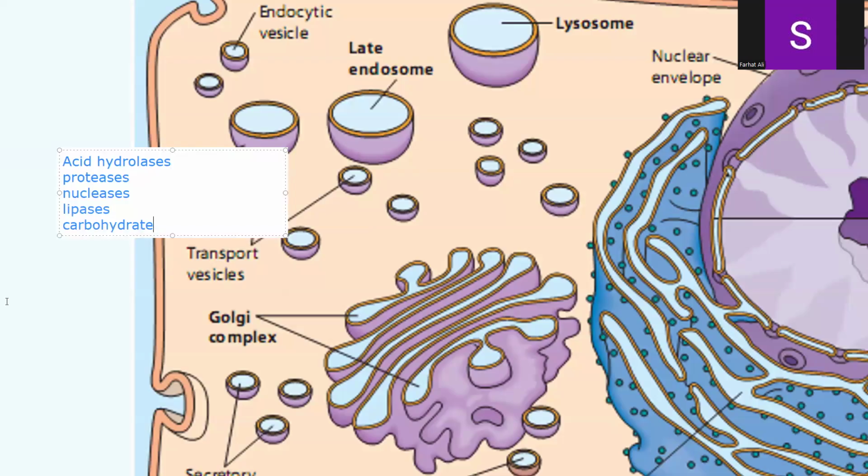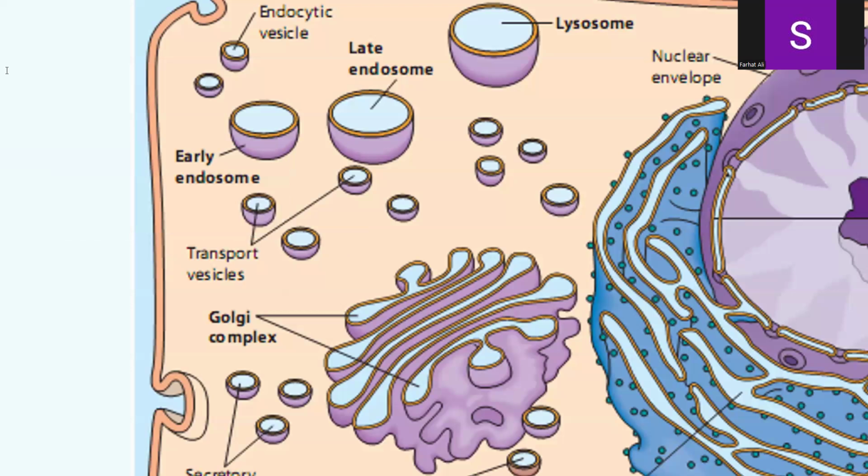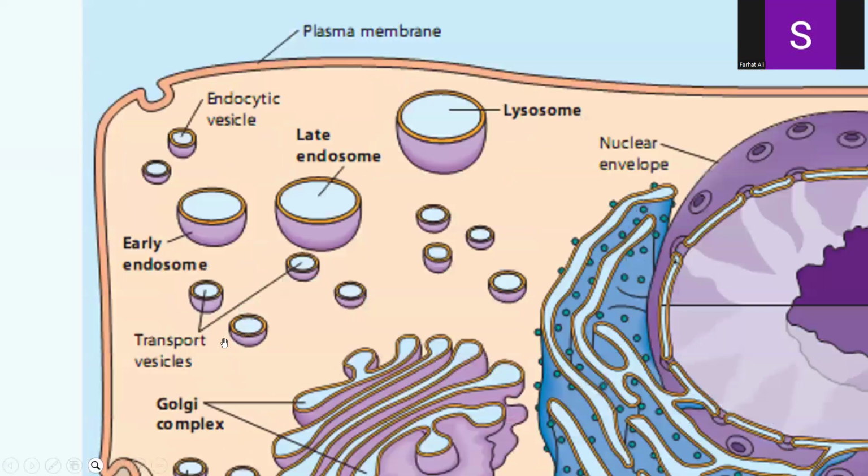So the Golgi also processes these enzymes, the acid hydrolases, and then the vesicles containing the acid hydrolases fuse with other vesicles. For example, one way of producing vesicles is through endocytosis.